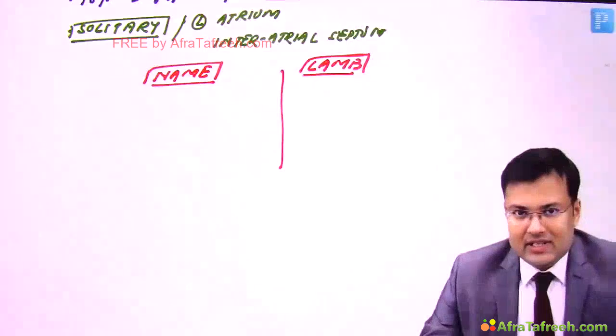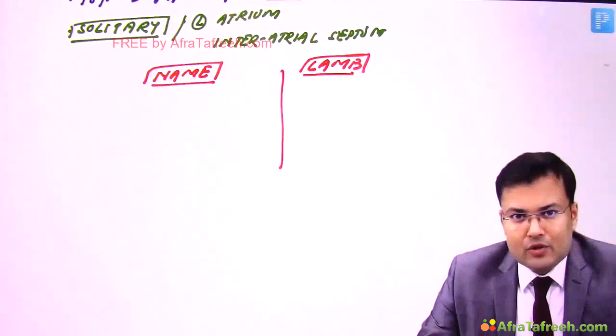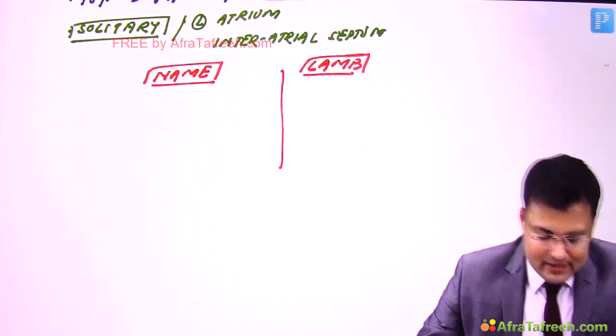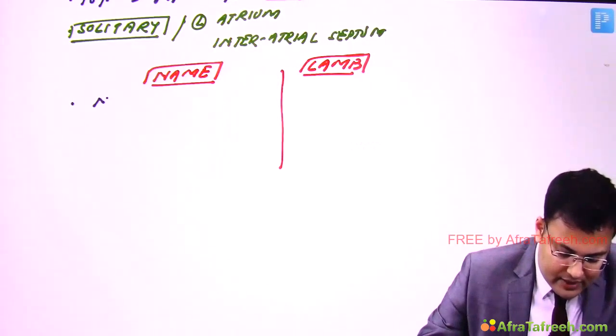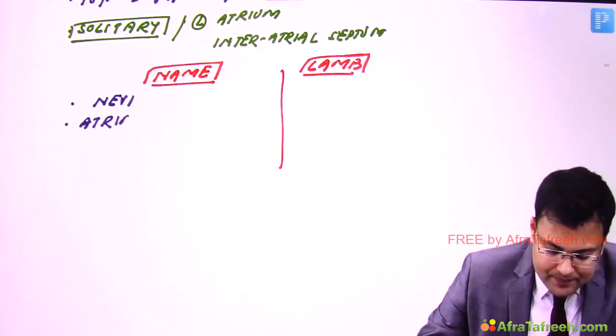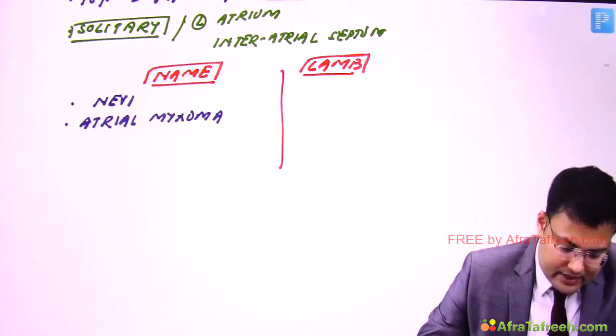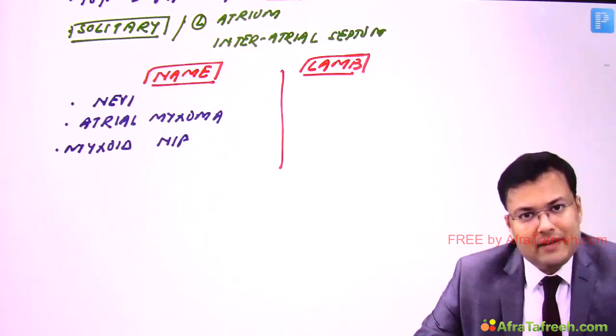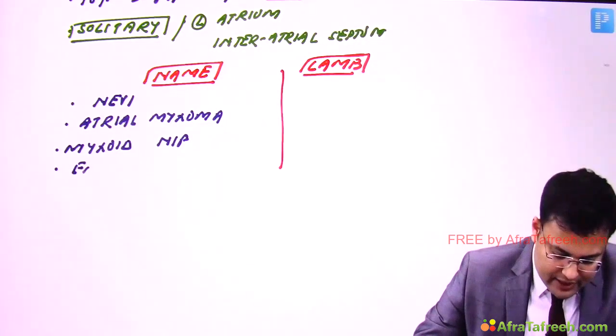N means nevi, A means atrial myxoma, M means myxoid neurofibroma, and E means ephelides.